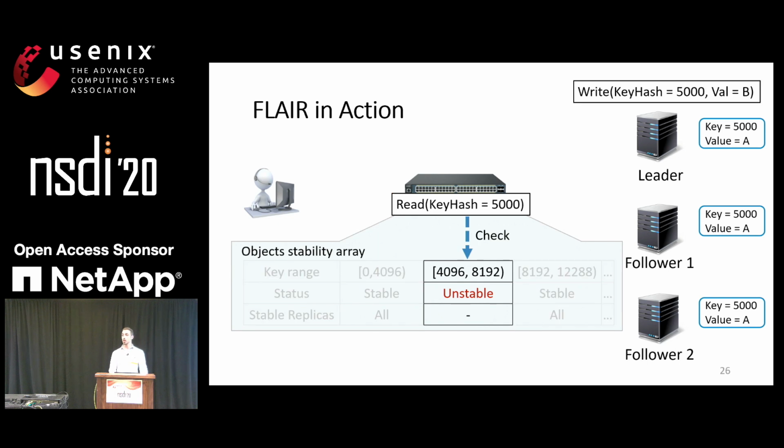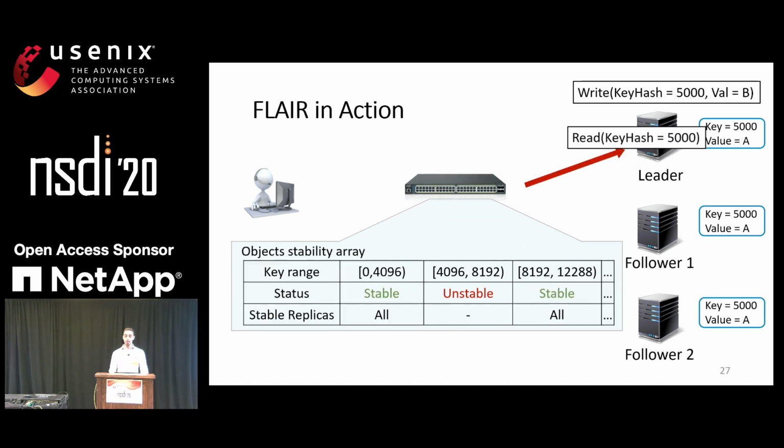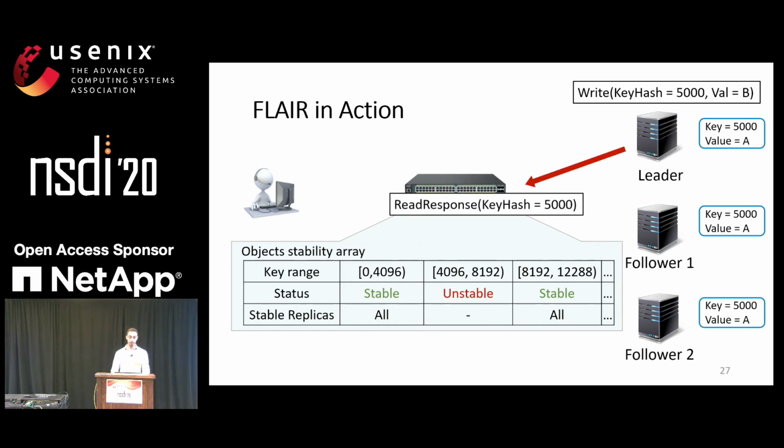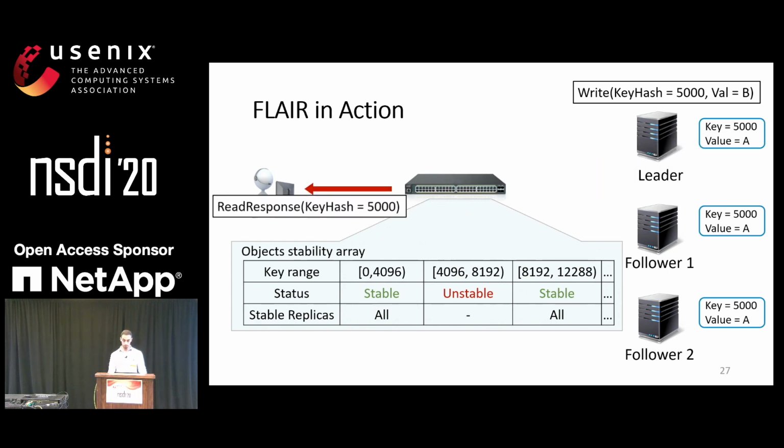This key range is now unstable, which means the switch doesn't exactly know which replicas are consistent with the leader. So in FLAIR, we take the safe choice, and we forward this read request to the leader. And the leader will respond back with the correct value, and it will be sent back to the client. And now, let's say that the leader starts replicating this write request.